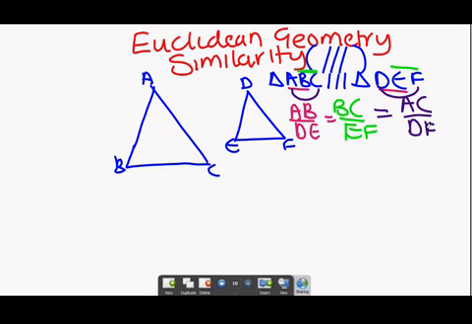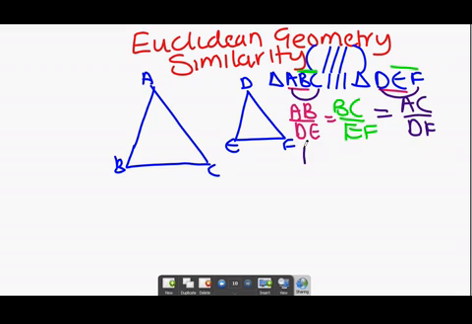Because these two triangles are similar, remember from your grade 9, either the sides make them similar or the angles make them similar.